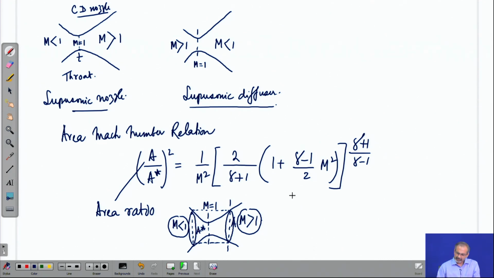You can write down this relation by changing the dependent and independent variables like this too. So, in that case you can figure out that for a particular area ratio there are two values of Mach number which will be obtained.